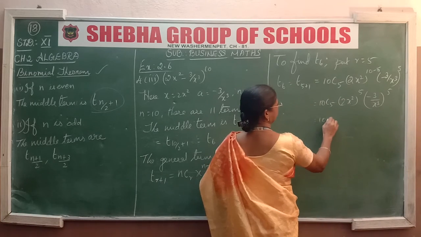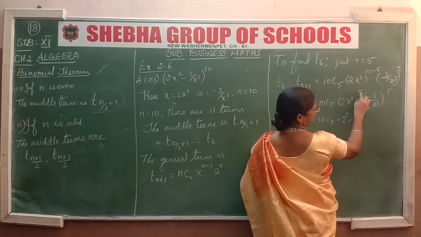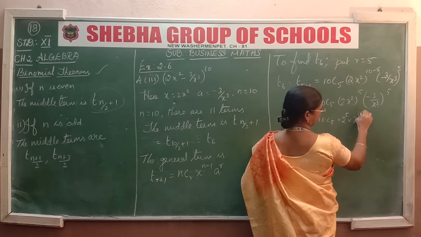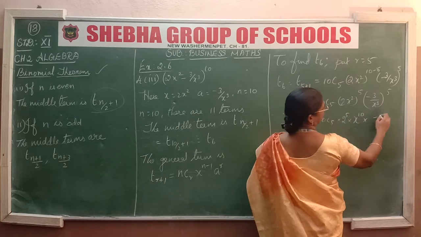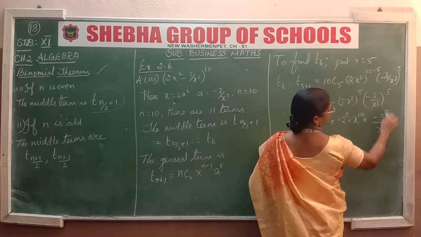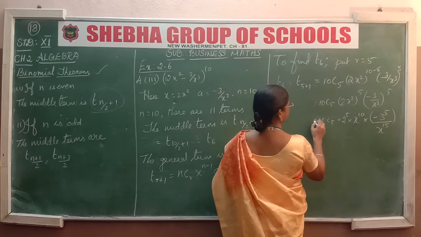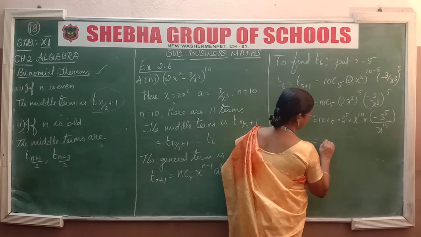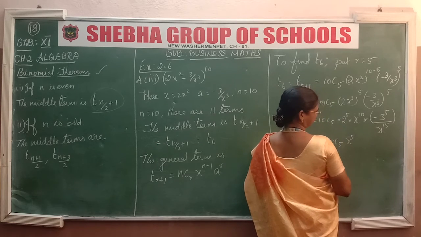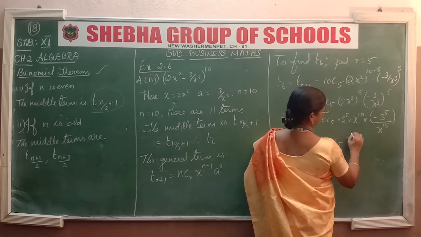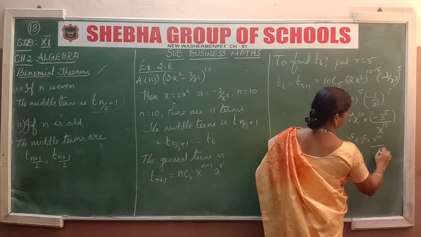This is equal to 10C5 and 2 power 5 into x power 10, 5 2s are 10, and minus power 5 becomes minus, and 3 power 5 by x power 15, 5 3s are 15. So now put the minus in front of the term: minus 10C5, and first write 2 power 5 into 3 power 5 into x power 10 by x power 15.